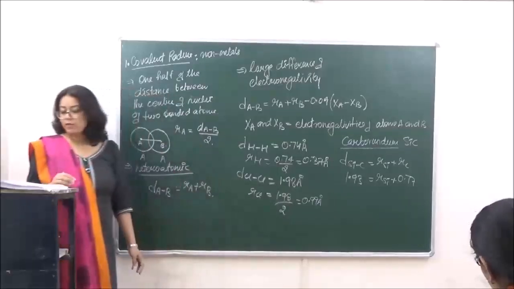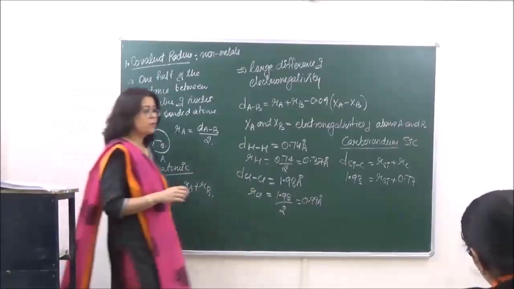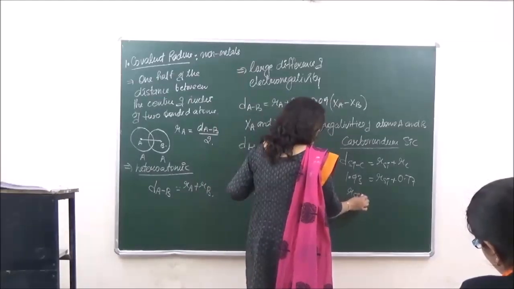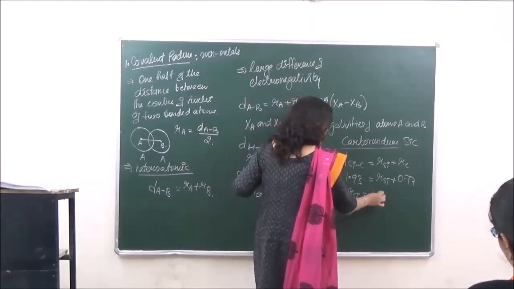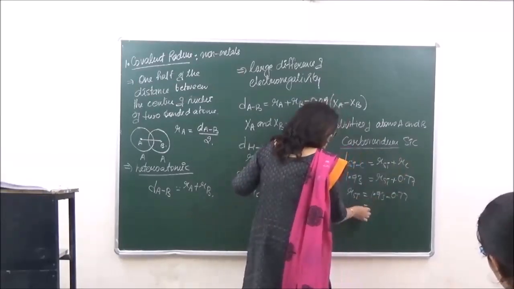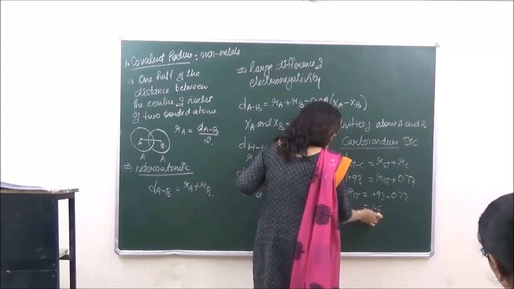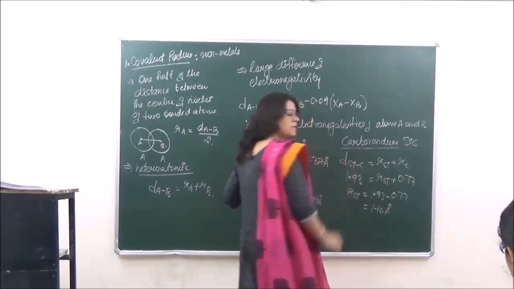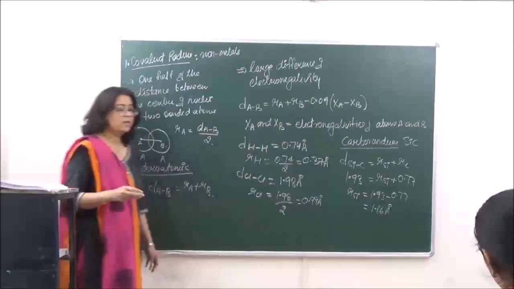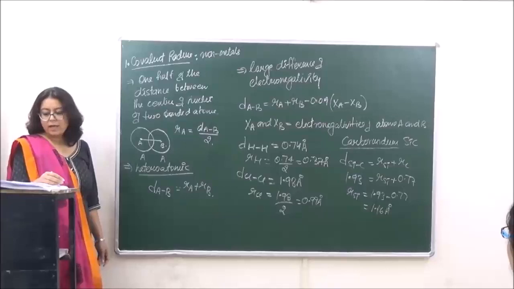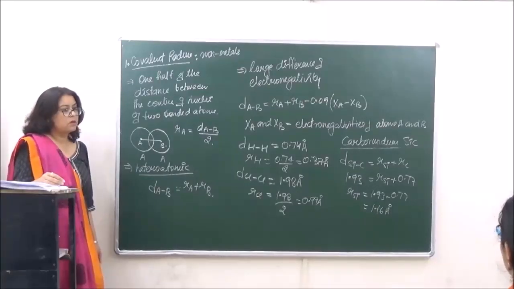So what is going to be the radius of silicon? That is going to be 1.16. That is, radius of silicon is equal to 1.93 minus 0.77, so that is 1.16 angstrom. Clear? So this is important because this is the kind of questions which we can expect over here.